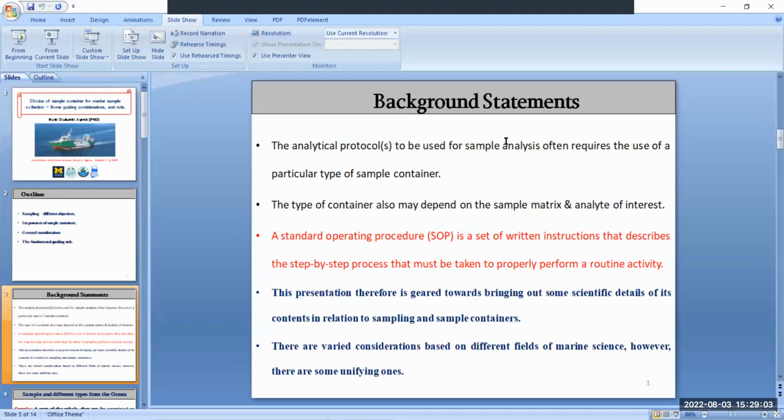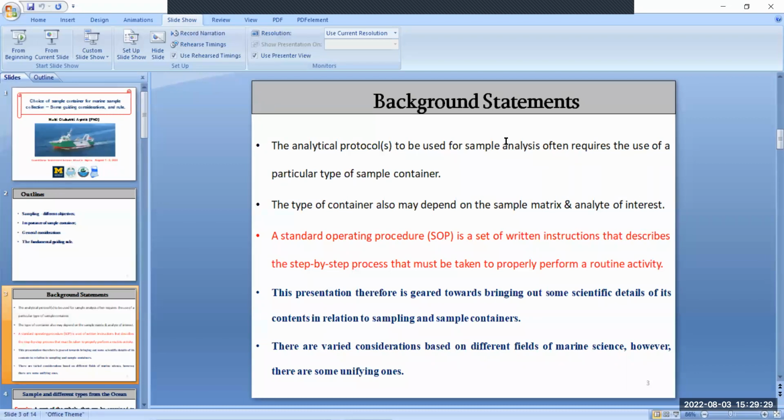So it's important that I define standard operating procedure, which is very key when a project is about to kickstart. This is the guiding document that researchers must follow in order to execute a particular research project.